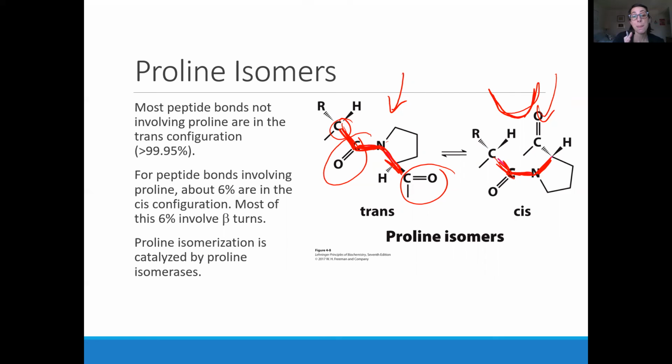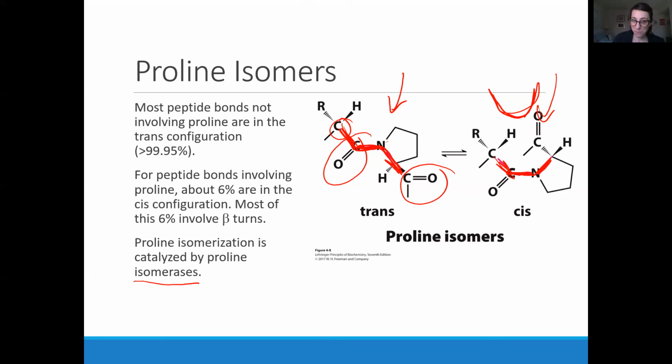Proline, again, usually naturally exists in this trans formation. And to isomerize it, to actually change it to the cis formation, there is a protein, an enzyme, that isomerizes or changes the formation of proline to help with forming these beta sheets.